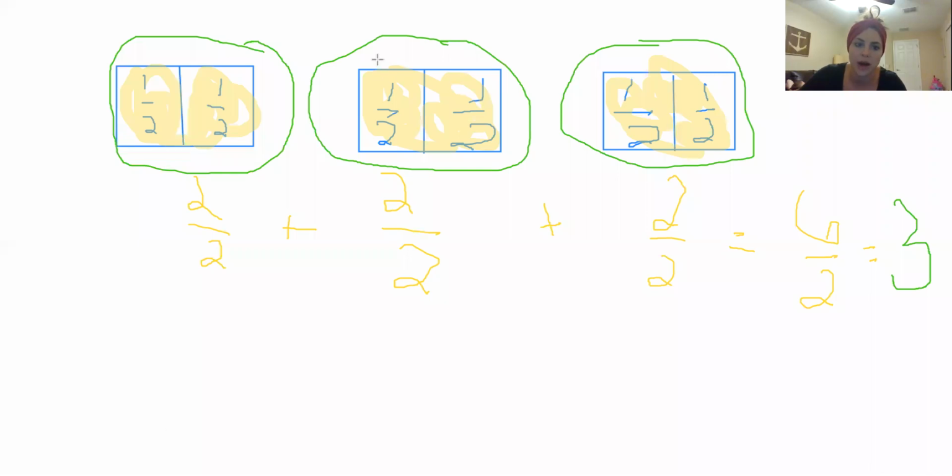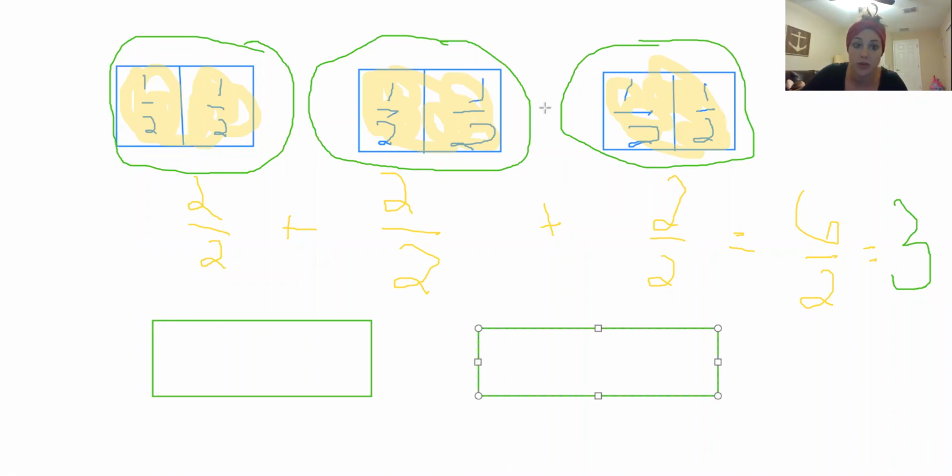Let's look at another example of that. If Miss Wackus all of a sudden had 2 whole boxes, and those 2 whole boxes were split into thirds, that means there were 3 parts to make a whole. And I know that this part represents 1/3, this part represents 1/3, this part represents 1/3, and it continues.